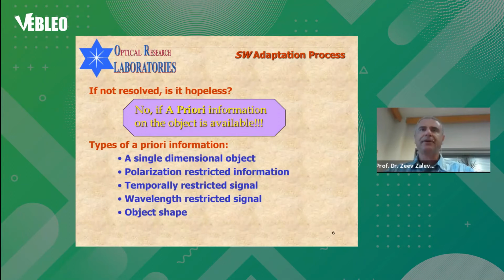So we need to know a priori which domains of our imaging sensor are available, and we use those domains in order to encode through them some of the spatial information that we have in the object, such that in space we will have fewer degrees of freedom, and therefore they will pass through our imaging system without being distorted.